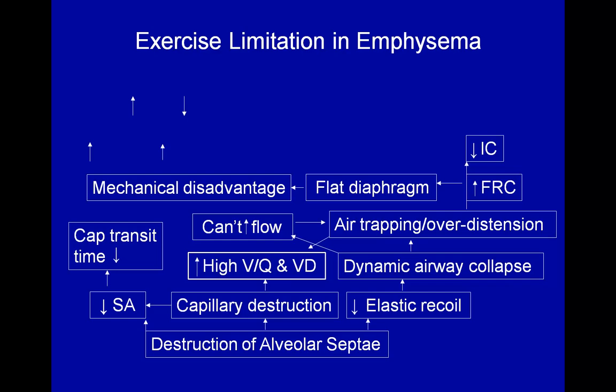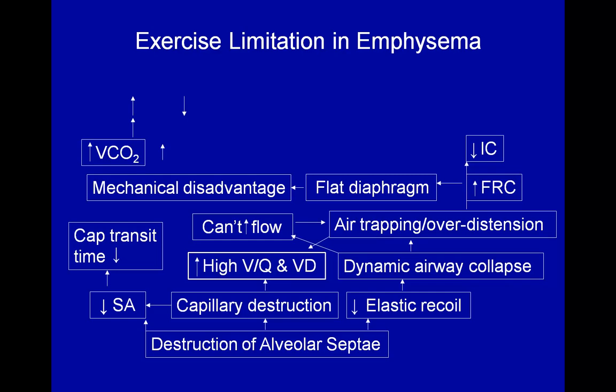This limits or reduces their capillary transit time as their right heart is trying to pump blood through a bed with high pulmonary vascular resistance. So since that right heart can't pump more blood flow through the lung, we have a limitation in cardiac output. And it's cardiac output that's going to deliver oxygen to tissues, right?